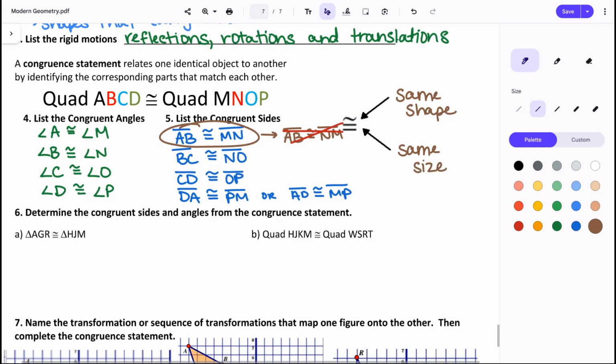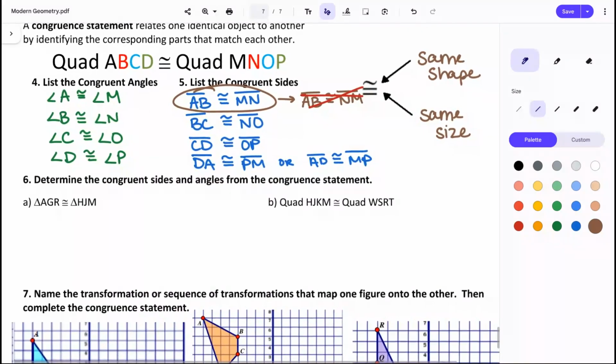All right, here's what I would like you guys to do down on this next example here. They're giving you, for part A, a set of triangles that are congruent, and then for part B, they're giving you quadrilaterals. What I want you guys to do for part A is just to list the angles. And for part B, why don't you list the sides?